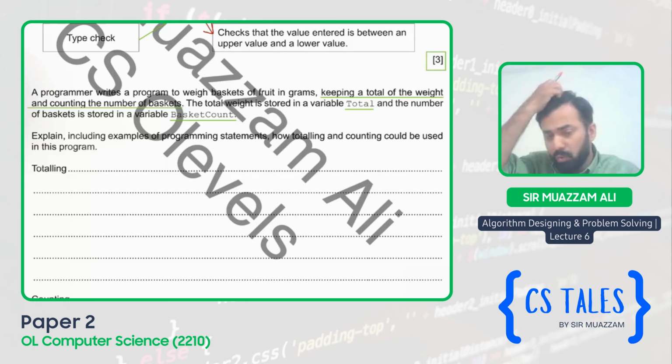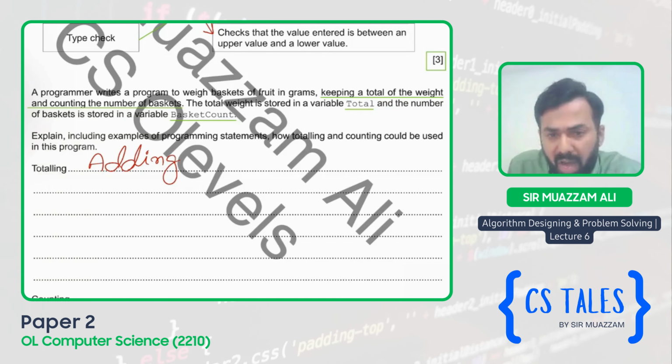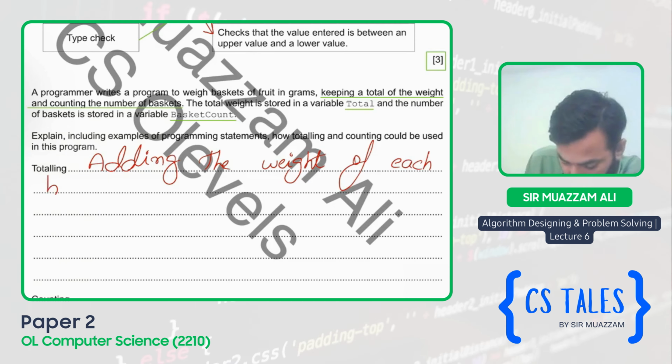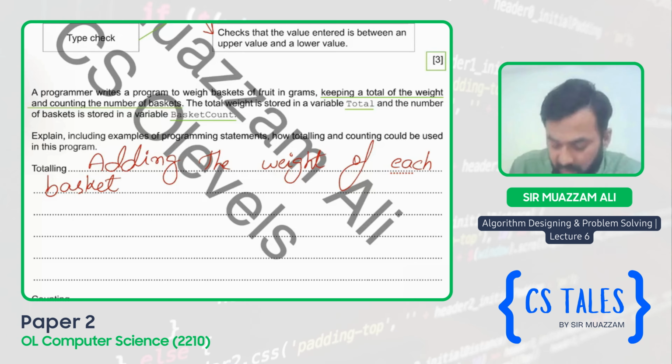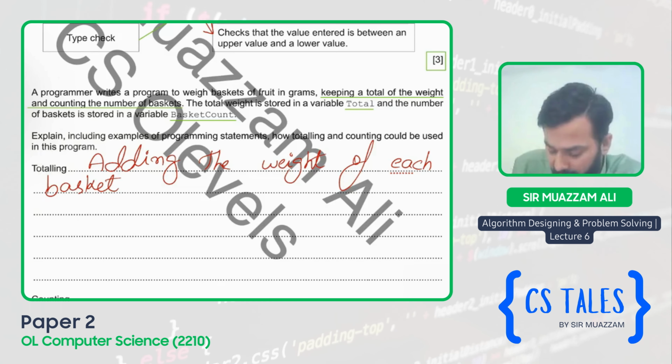So totaling, whenever we use totaling, what does it mean? We are adding the weight of each basket to calculate the total weight.